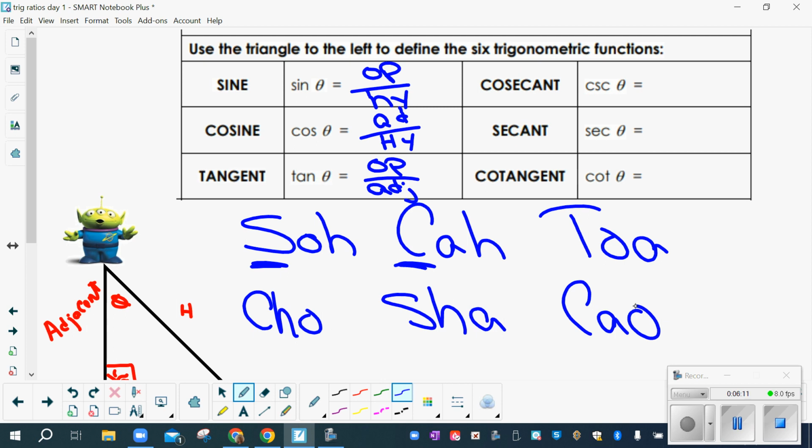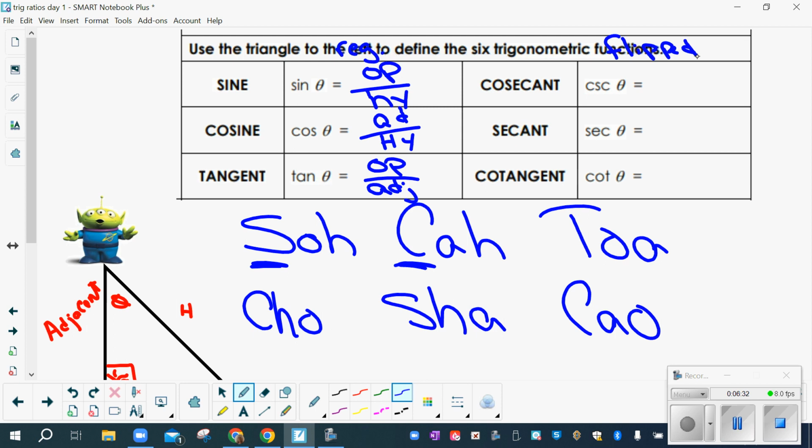Not only do we have the regular ones, we have their cousins that are the flipped versions. These are the regular, these are the flipped versions. In other words, these are the inverses, right? Now, here's what's tricky.